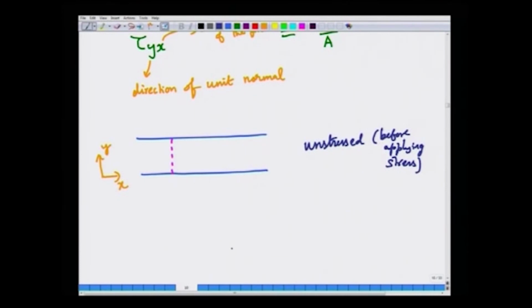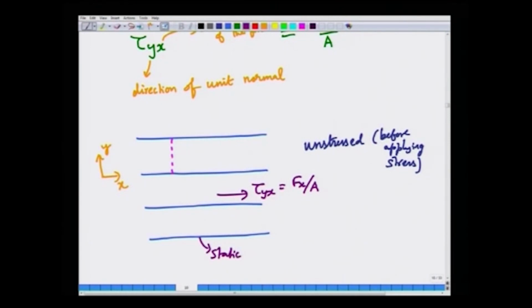Now, I am going to draw the evolution of these points, the set of points, upon application of a shear stress tau y x equal to F x divided by A. What will happen to these points? Let us assume that the bottom plate is stationary, and the material is rigidly bonded to the bottom plate.